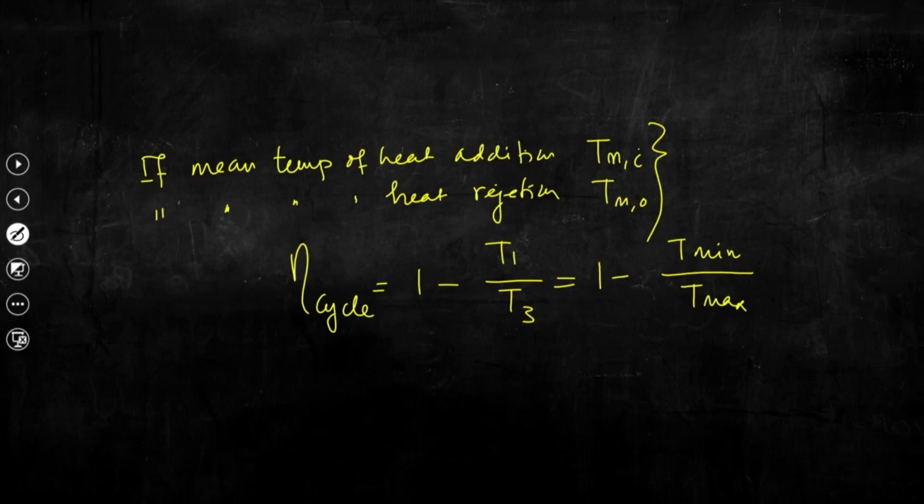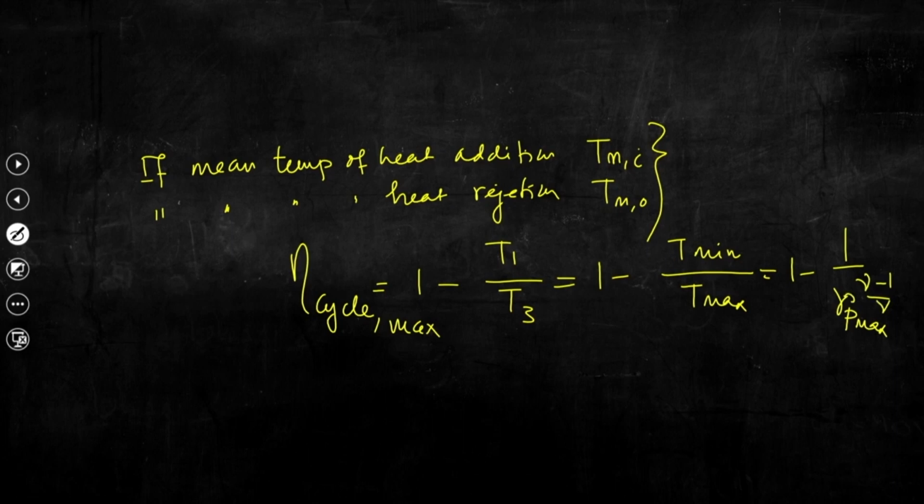This cycle efficiency will be maximum if we can increase the Rp, and then it should be Rp max, power (gamma minus 1) upon gamma.